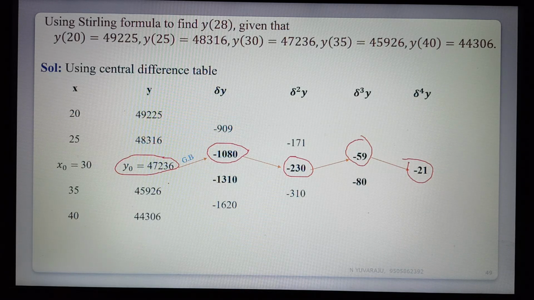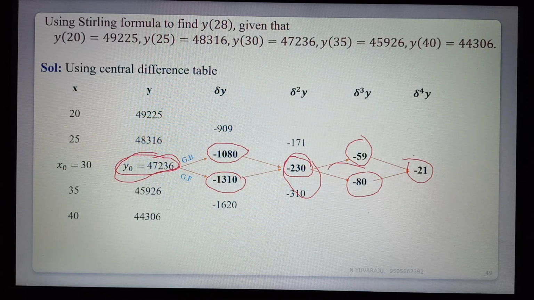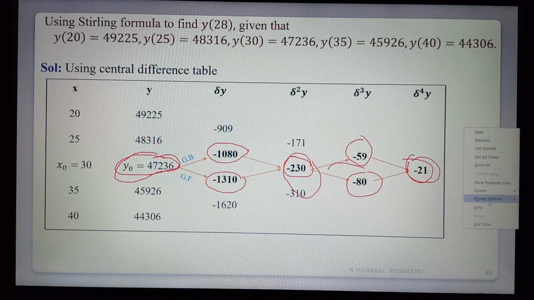Next the forward values: y naught, delta y 1 by 2, next delta square y naught, next delta cube y 1 by 2, next delta power 4 y naught. This is the table. Okay, we have to write all the values.